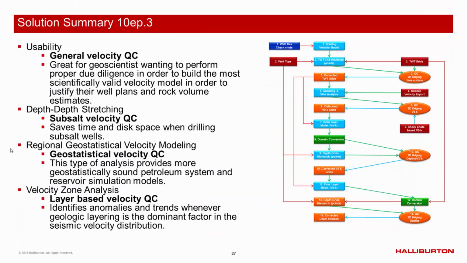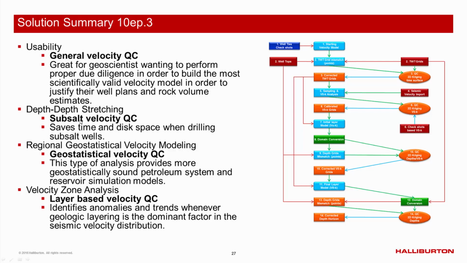All right, so I know that was a lot to go over. We talked about the overdetermined case of getting the correct and best velocities within the layer. We talked about the underdetermined case of getting the best velocity models for regional prospects and petroleum system modeling.